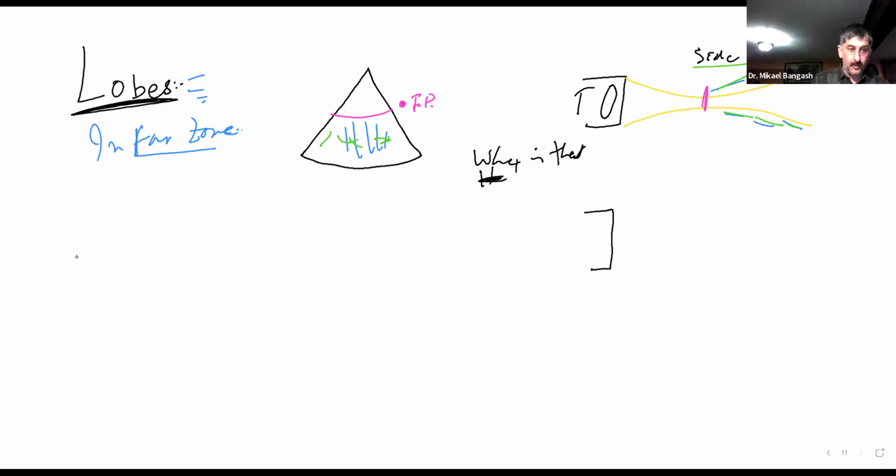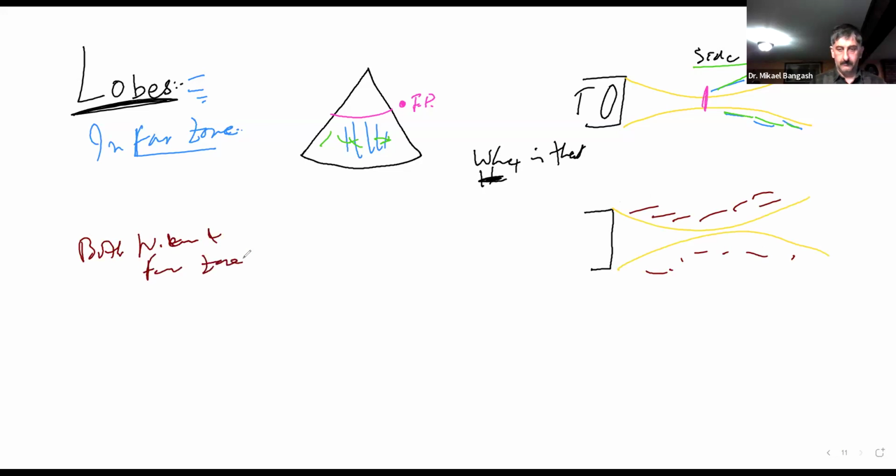The other kind of lobe that we get, let me say, we still have a beam. But here, the lobes that we would get are going to be all over, in both the near and far zone.